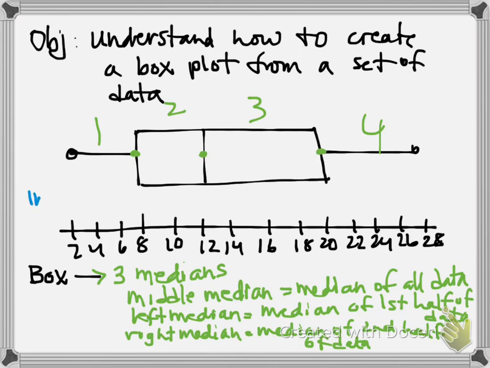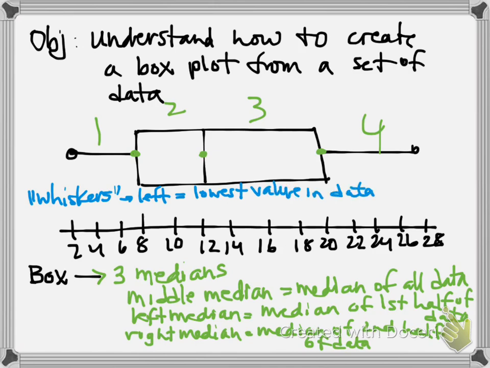The whiskers: the left is the lowest value in the data, and the right is the greatest value in the data.